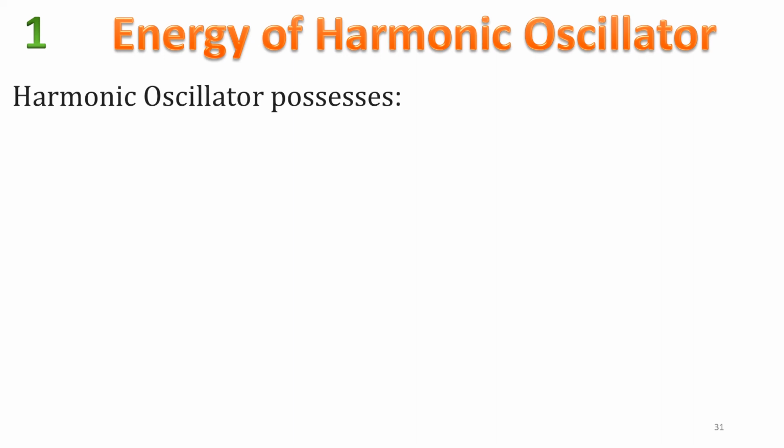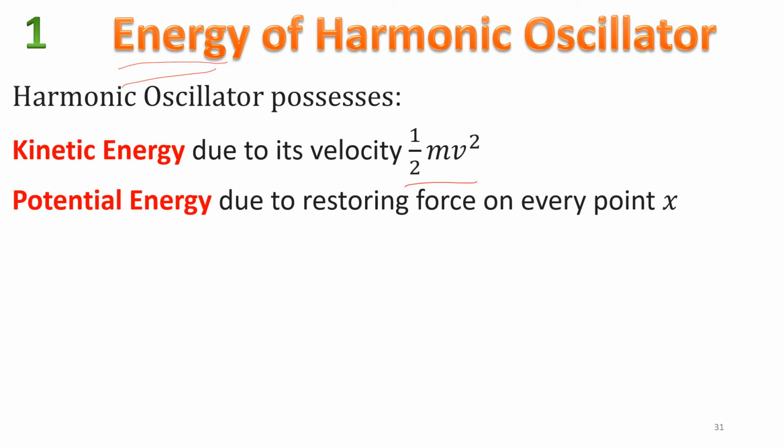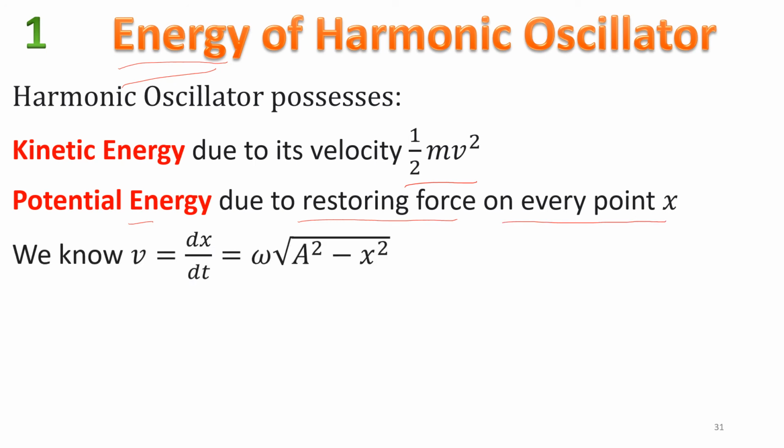Now we are interested in talking about energy of harmonic oscillator. The kinetic energy due to its velocity is 1 by 2 mv square. We all know it very well. Potential energy is due to the restoring force on every point x.